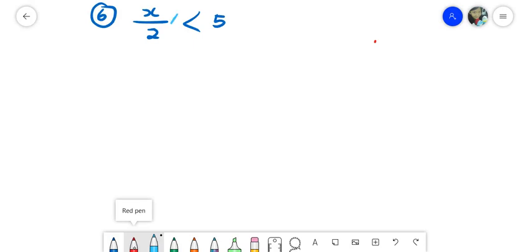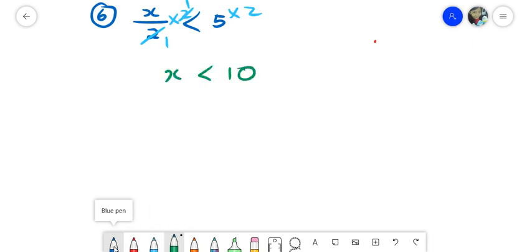This is divide, so your sibling will be multiply, because your intention again is to get back the coefficient of 1 on the x involved. So in other words, your x is less than 10. Just simple like that.